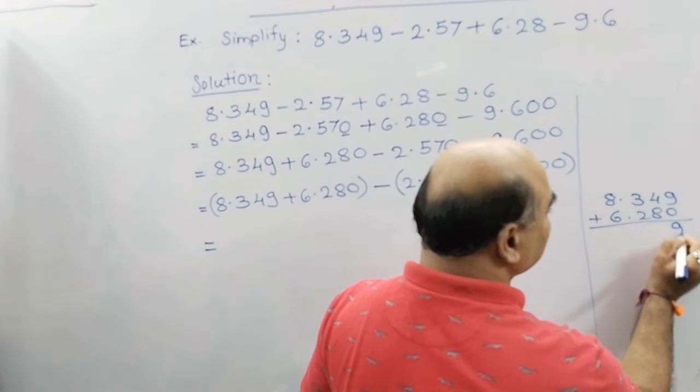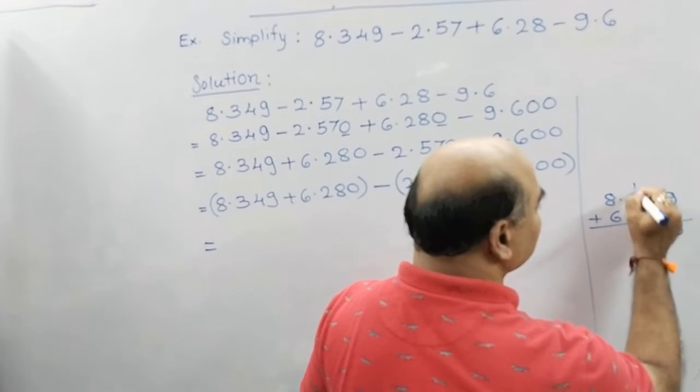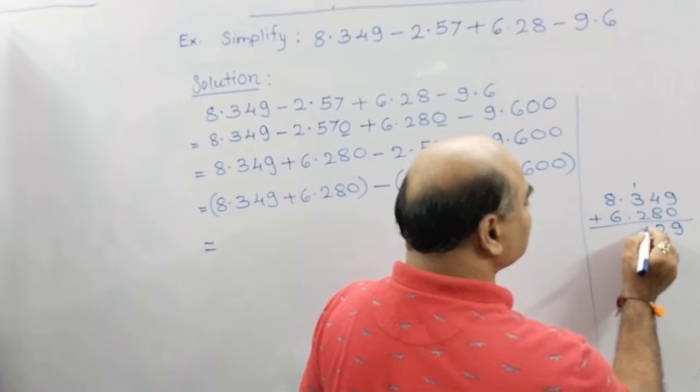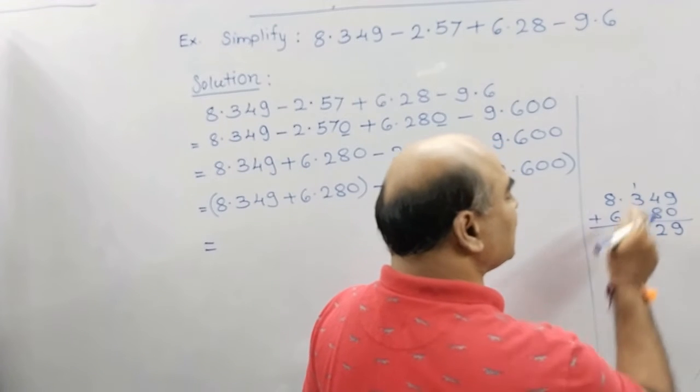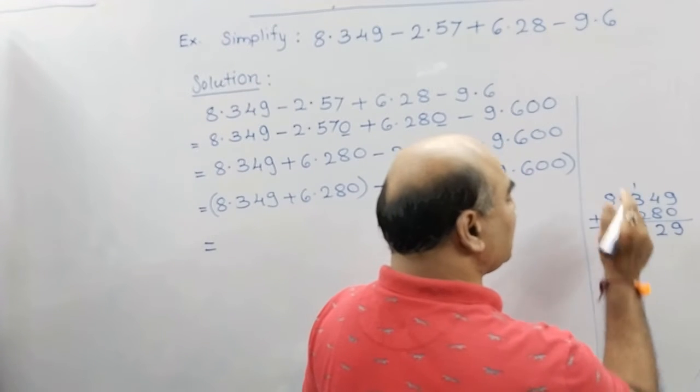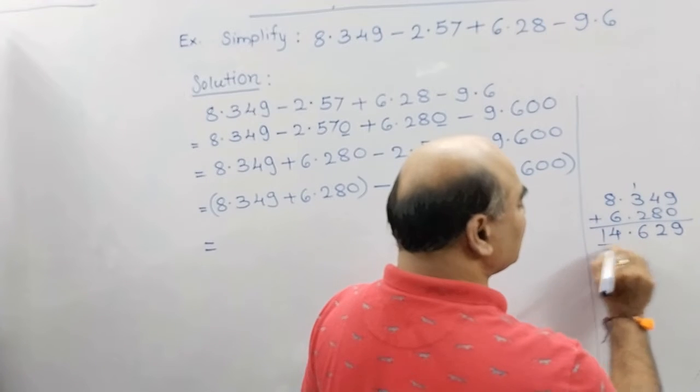9 plus 0 is 9, 8 plus 4 is 12, 1 plus 3 is 4, 4 plus 2 is 6, as the point is given. Then 8 plus 6 is equal to 14.